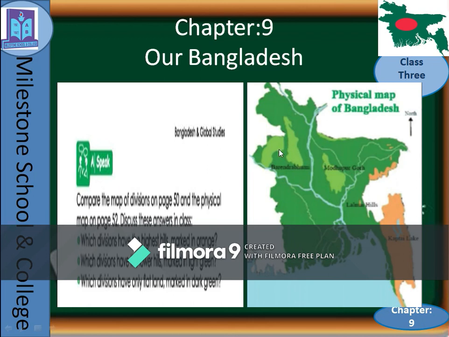In Rajshahi division it is known as Borendra Bhumi, in Dhaka division it is known as Madhupur Gor, and in Mymensingh division it is known as Hills of Garo or Garo Hills. Okay. Which divisions have only flatlands? Borishal and Khulna divisions have only flatlands. Okay.